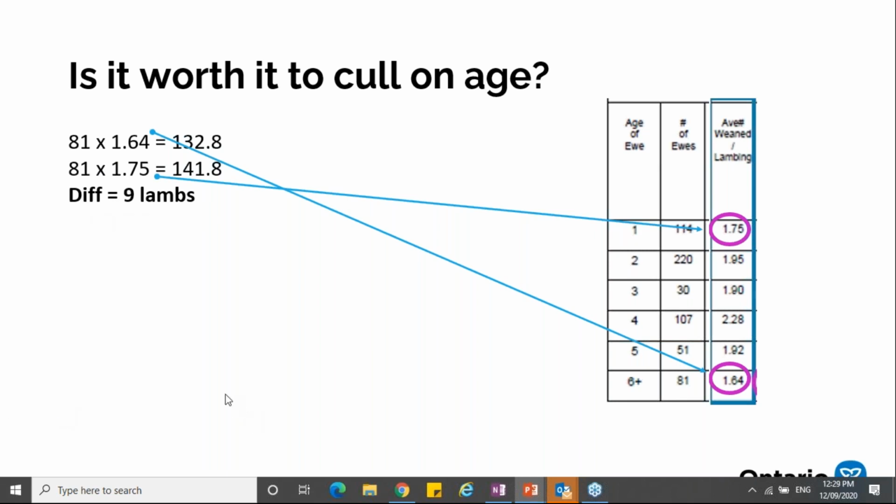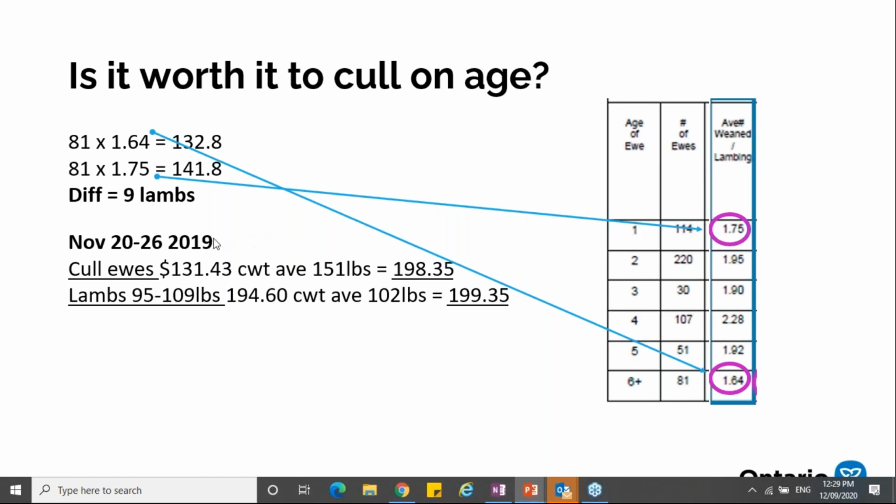And so, what about the cost, right? Keeping ewe lambs, it's a whole different thing. Last November, cull ewes were $1.31 per hundredweight. They were an average of 151 pounds, and that gives you almost $200 a head. And 100-pound lambs follow the same process.